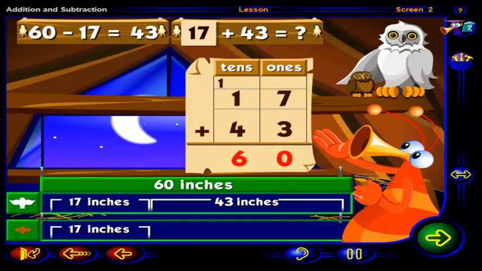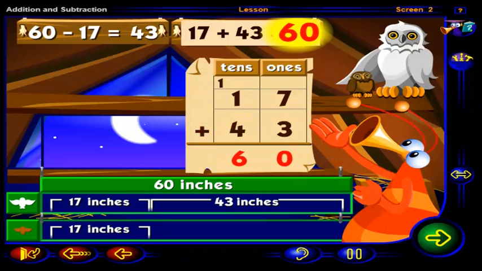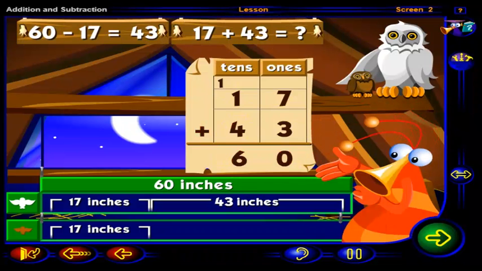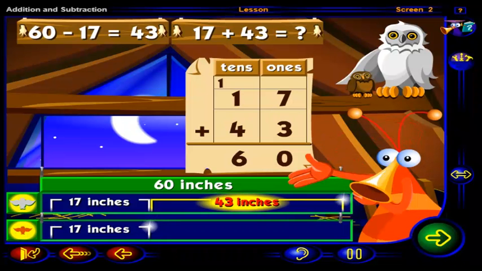So 17 plus 43 does equal 60. This means our subtraction is correct. The difference between the wingspan of the snowy owl and the pygmy owl is 43 inches.